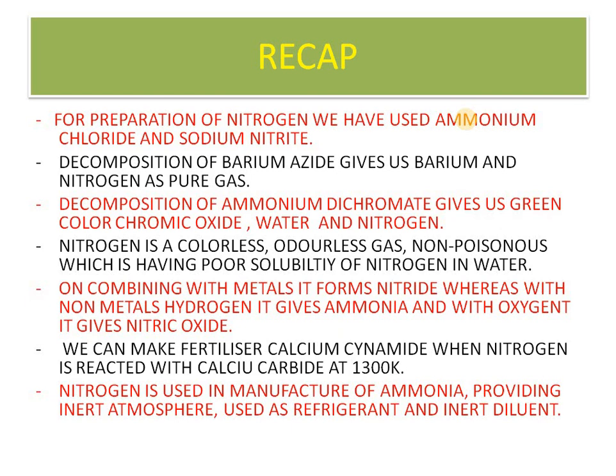Then we discussed the reaction with metals like lithium, calcium, aluminium, and then reaction with non-metals. It gives us nitric oxide, or different fertilizers when we react with aluminium and calcium carbide. And nitrogen is used in the manufacturing of ammonia, providing inert atmosphere, and as a refrigerant and inert diluent.